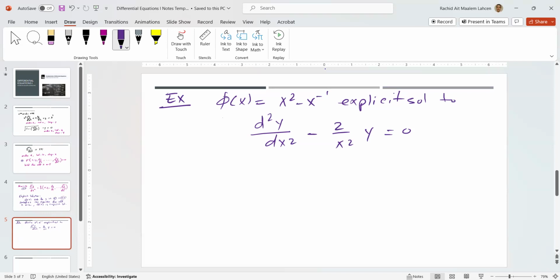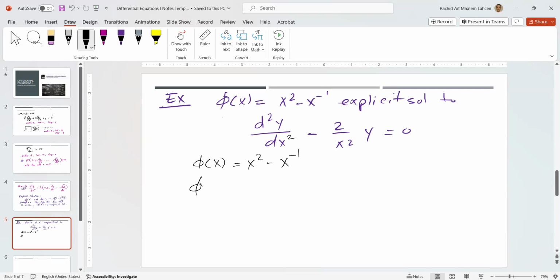Let's try that first. What does this mean? It means I have the second derivative involved, so I will need to calculate the first one and the second one.